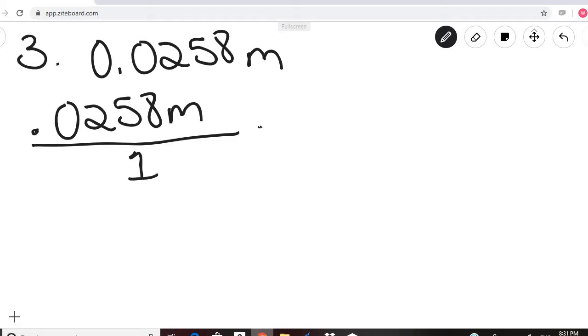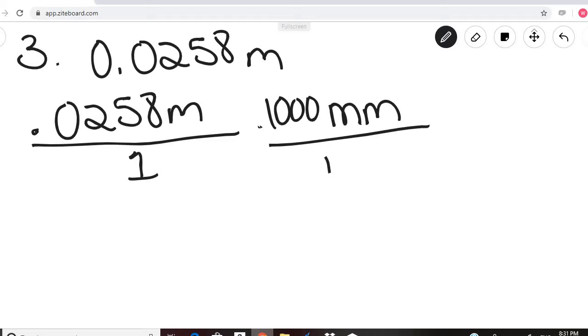And then the units that we want to end up with goes on the top. So we're going to put millimeters on top, and we know that there are 1,000 millimeters in a meter. So meters cancel. So 0.0258 times 1,000, we'll move the decimal place 3 places, 1, 2, 3.